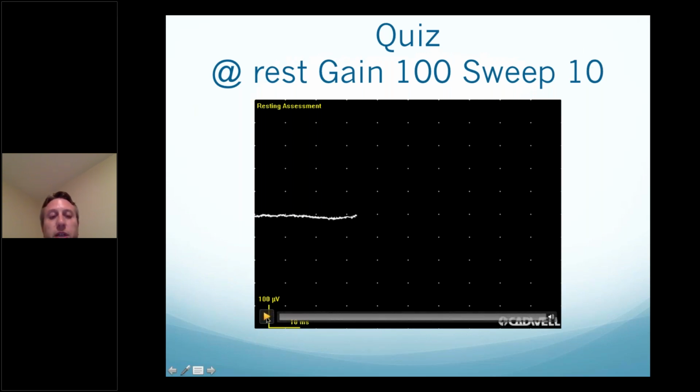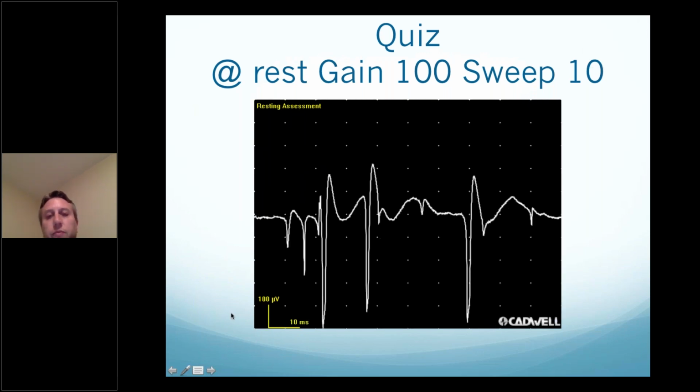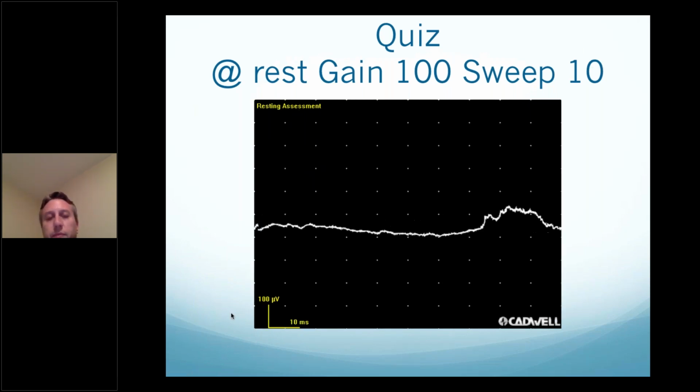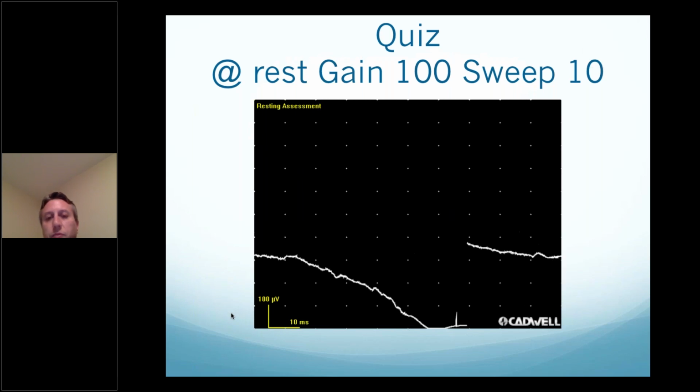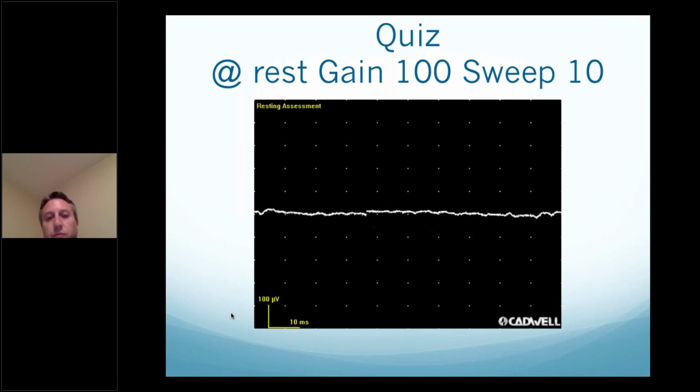Let's see what you see in this tracing. Okay, so what did you see there? We had insertional activity, and then we saw some fibs and some sharps.